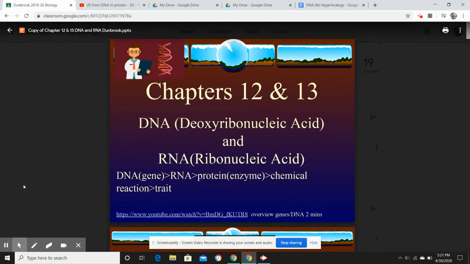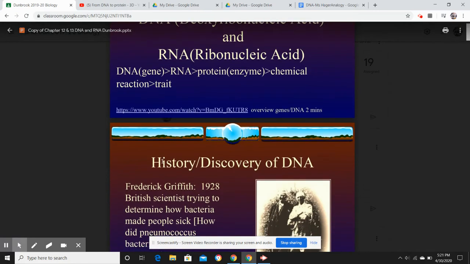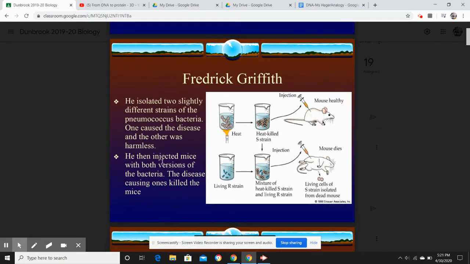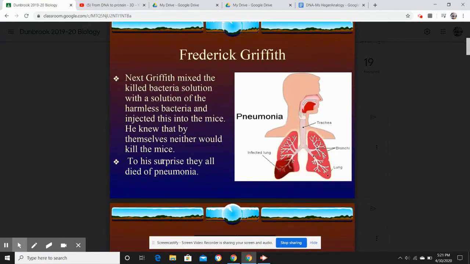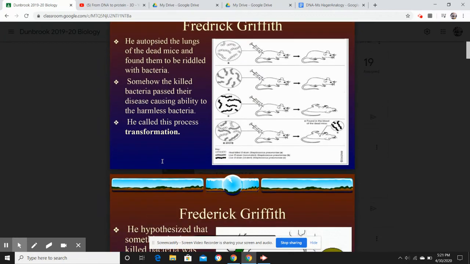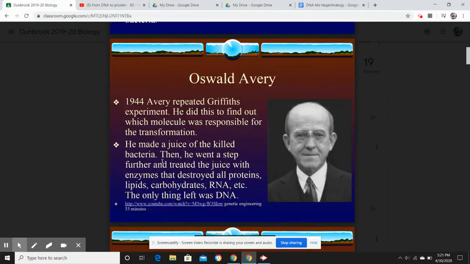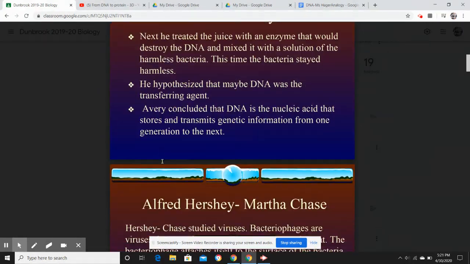Okay, so we've been through quite a bit of this PowerPoint so far. We started off with just talking about what DNA was and how they discovered what DNA did, how they discovered it was different from proteins or lipids or carbohydrates, all that good stuff, right? So we've been through all these slides, so many slides.